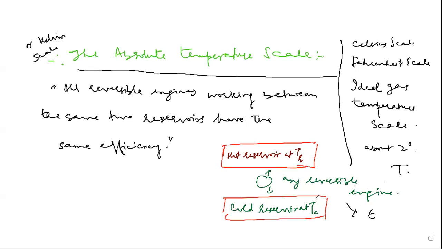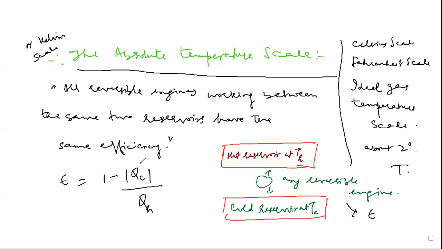And we know the efficiency of a heat engine, we've already done that. The efficiency of a heat engine is written as 1 minus QC by QH. What is QC?